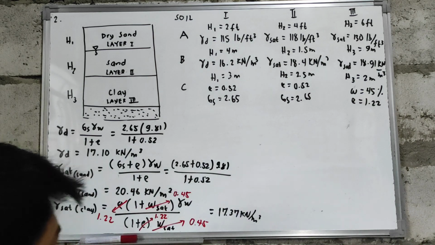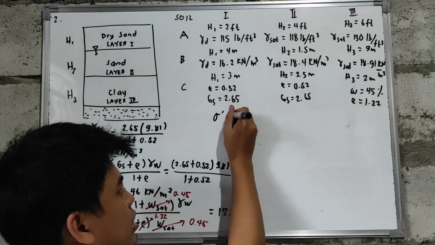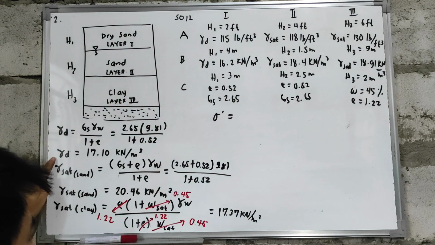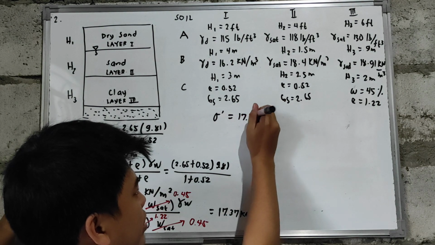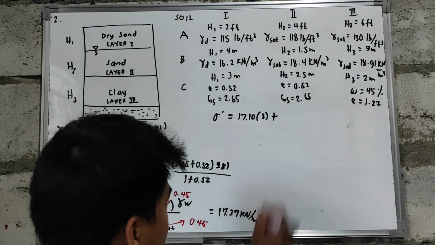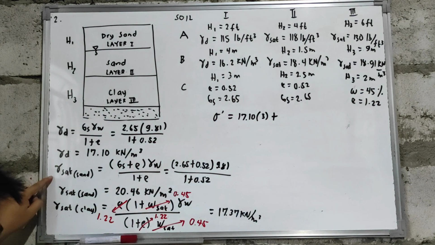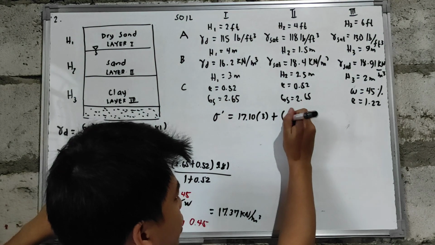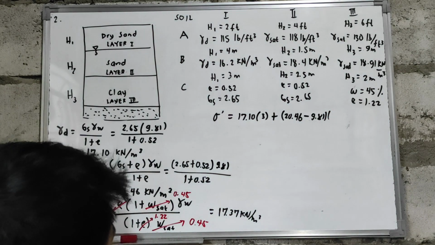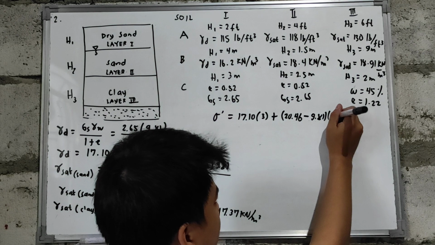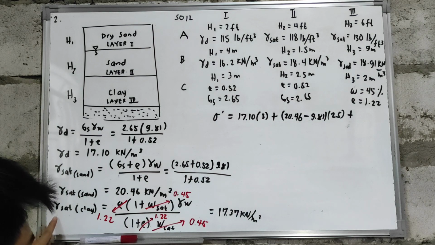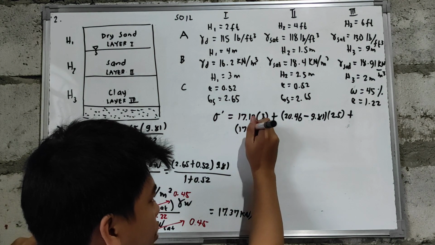So for the computation of your effective stress, or sigma prime, so yung dry unit weight natin, that is 17.10, multiplied by yung H1 natin, which is equal to 3, plus yung sa second layer natin na merong saturated unit weight na 20.46, aalisin natin yung tubig na 9.81, multiplied by yung height niya, which is equal to 2.5, plus, so you have a saturated unit weight ng clay, which is equal to 17.37.